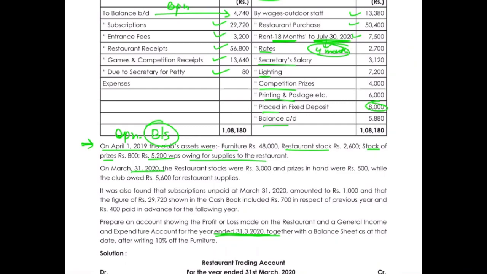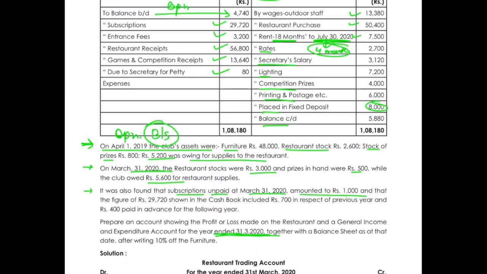Then the closing information which they have given. On 31st of March 2020, the restaurant stock was 3,000, prizes in hand were 500, while the club owed 5,600 to the restaurant suppliers. It was also found that subscription unpaid for 31st of March 2020 amounted to 1,000.